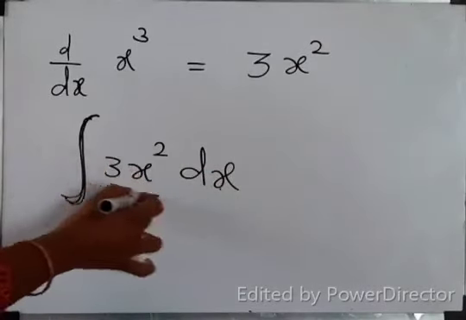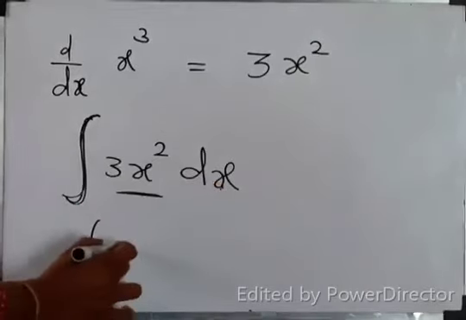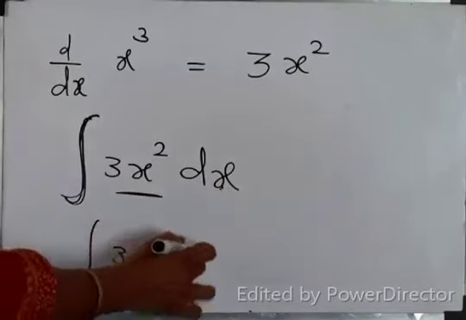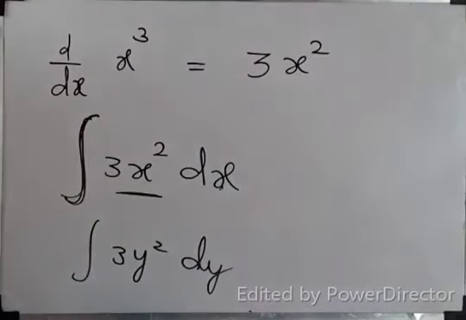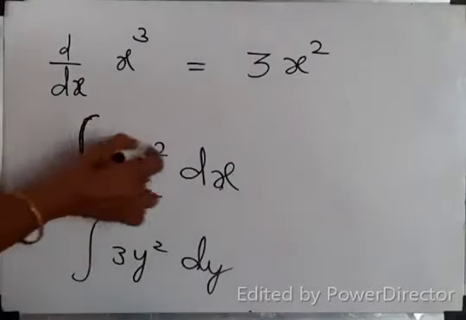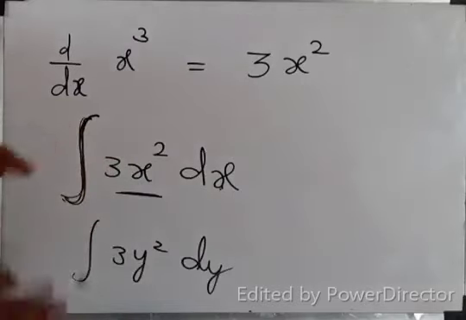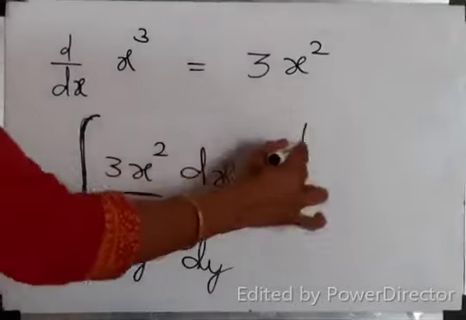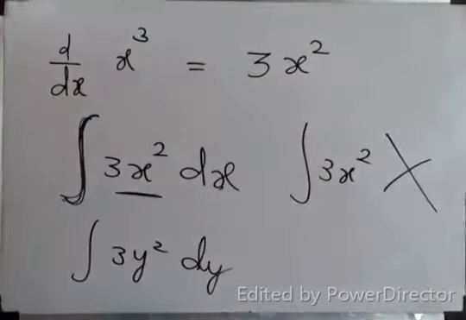If you write only the elongated S with 3x square, that is the wrong way of writing the integration.